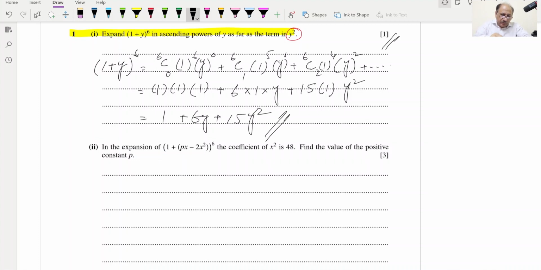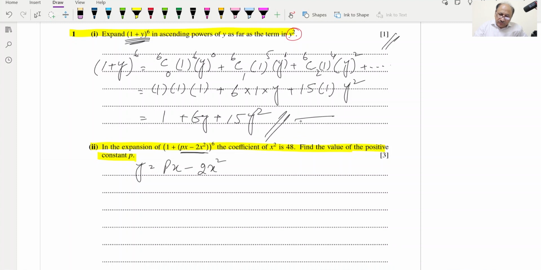Now the second part: in the expansion of this one, the coefficient of x squared is 48, find the value of the positive constant p. What we can do is replace y with px minus 2x squared in this expansion.